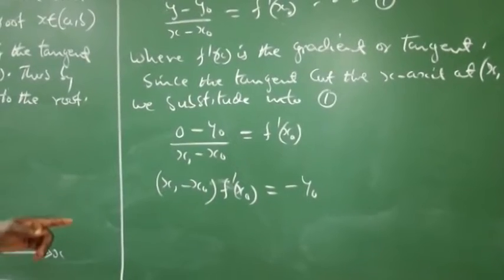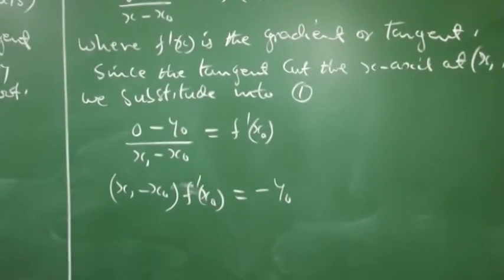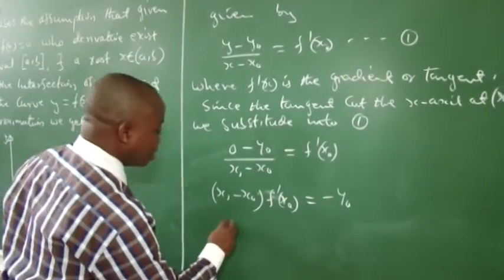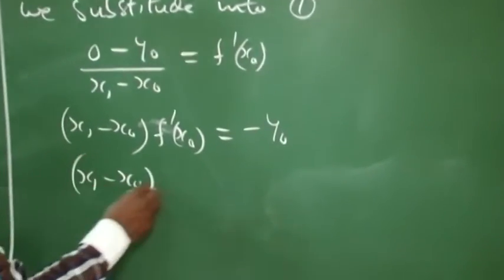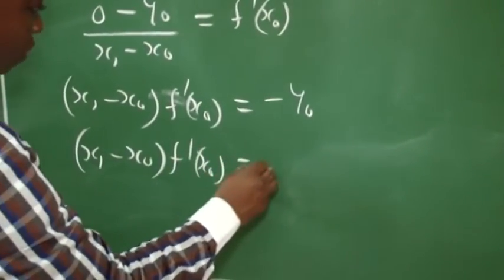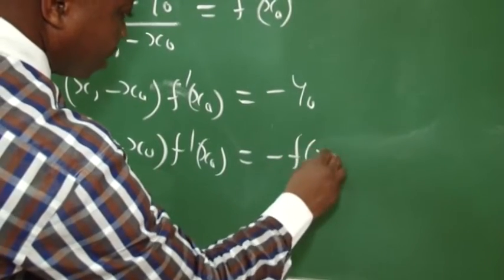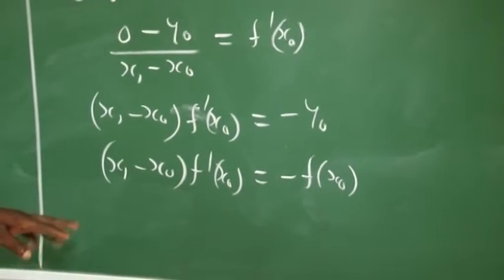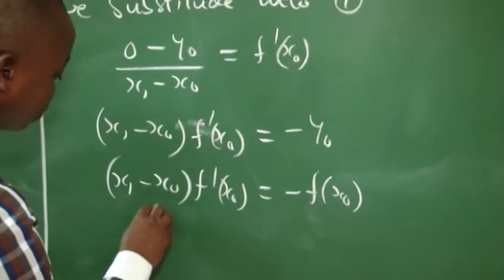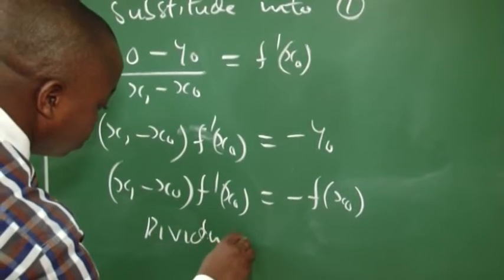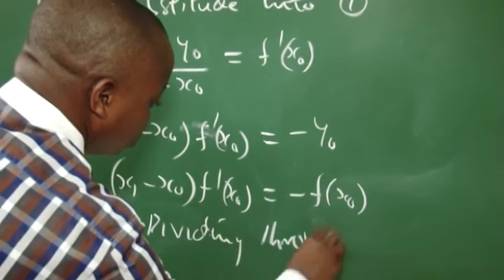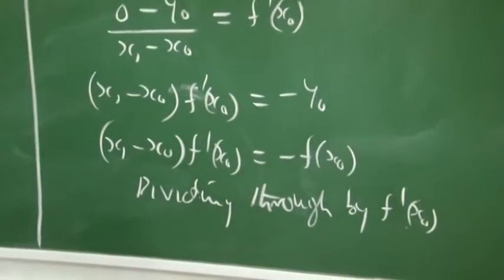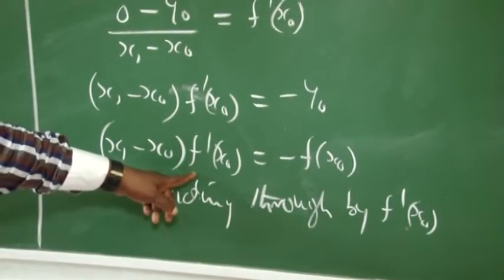So in this aspect, we'll let y0 equal f of x0. If you do that, you have x1 minus x0 times f prime of x0 equals minus f of x0. Let us then divide through by f prime of x0.